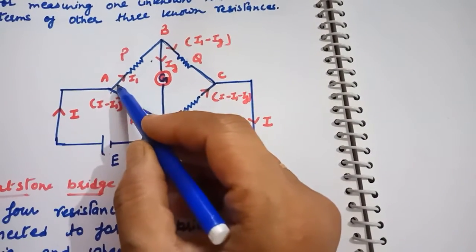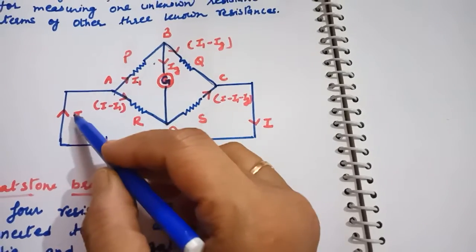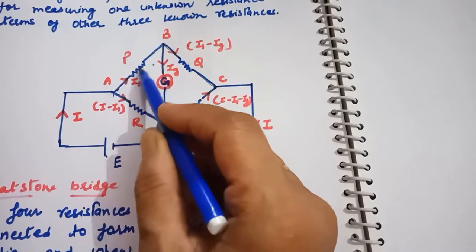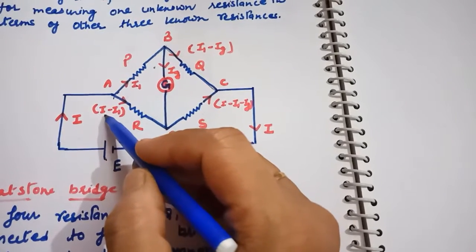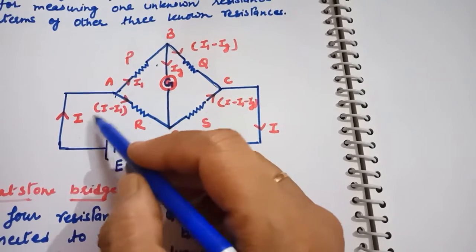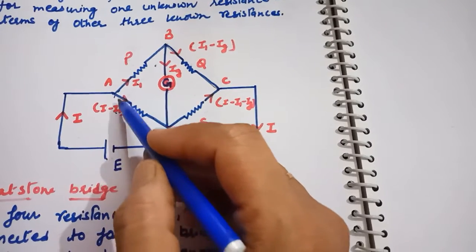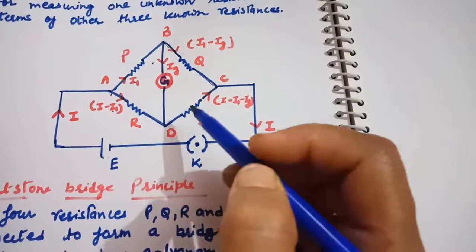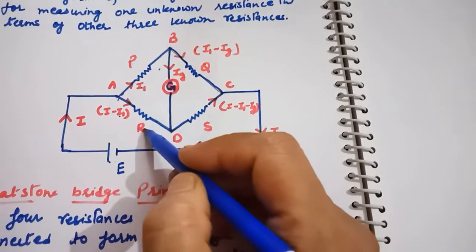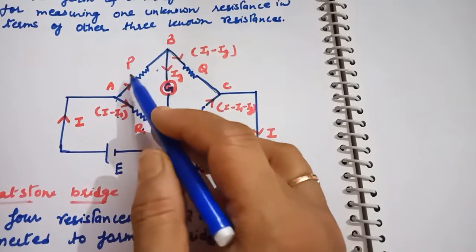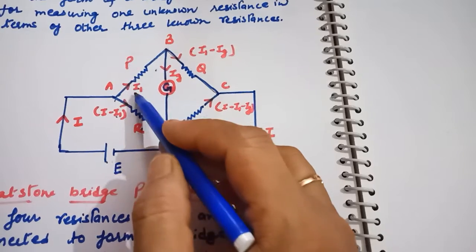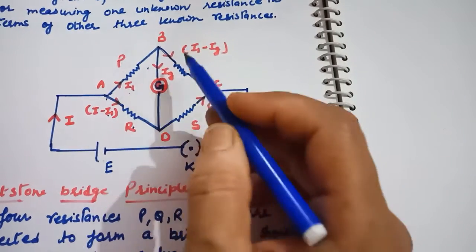Suppose I1 part of the current I is flowing in the arm AB, so the remaining part of I, that is I minus I1, will flow in the arm AD. Means in the resistance R the current I minus I1 is flowing, and in the resistance P the current I1 is flowing.